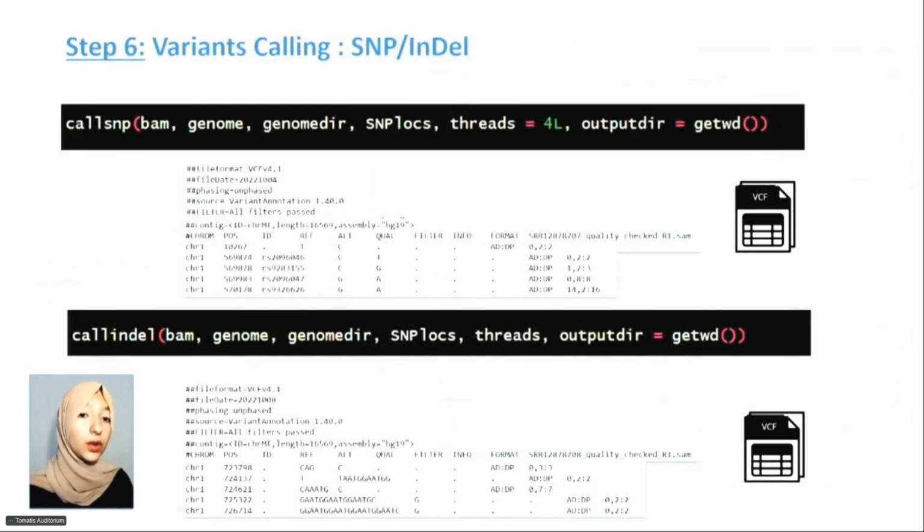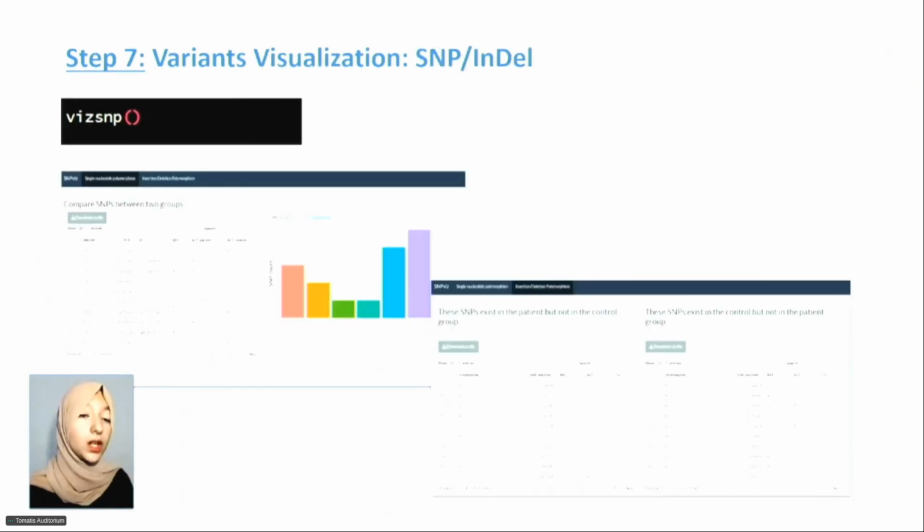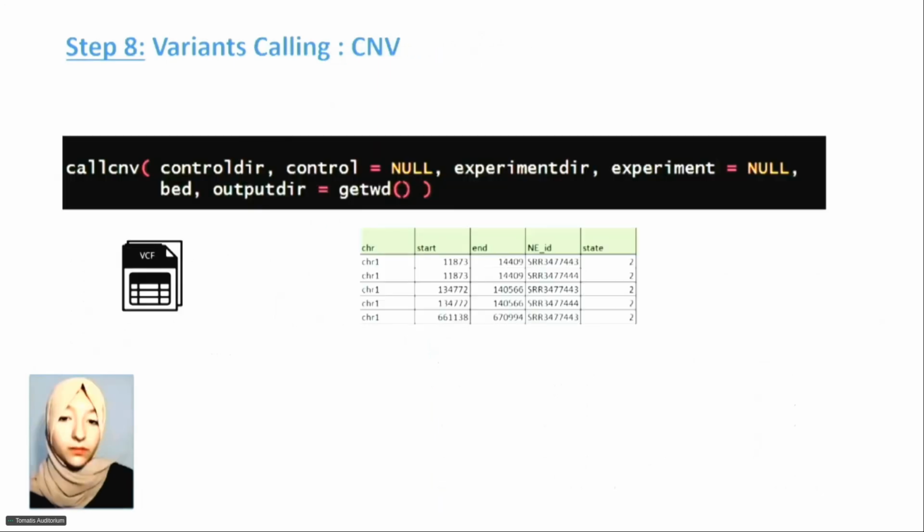You can use the call SNP and call indel functions for single nucleotide polymorphism and insertion deletion variant calling. The 2 functions will generate VCF files. You can use the visSNP function to visualize the SNP data and compare the polymorphism between the study groups.